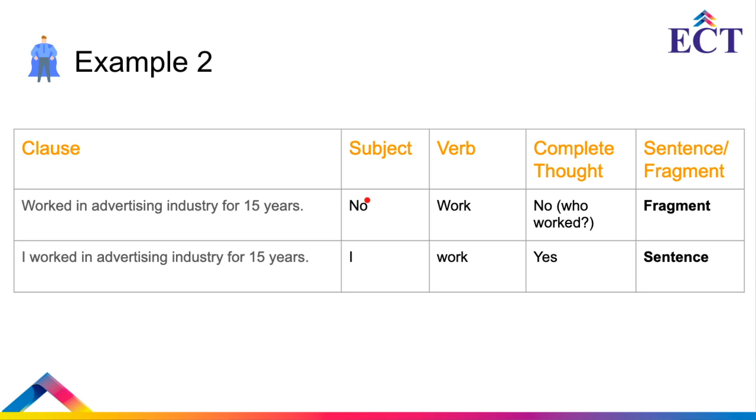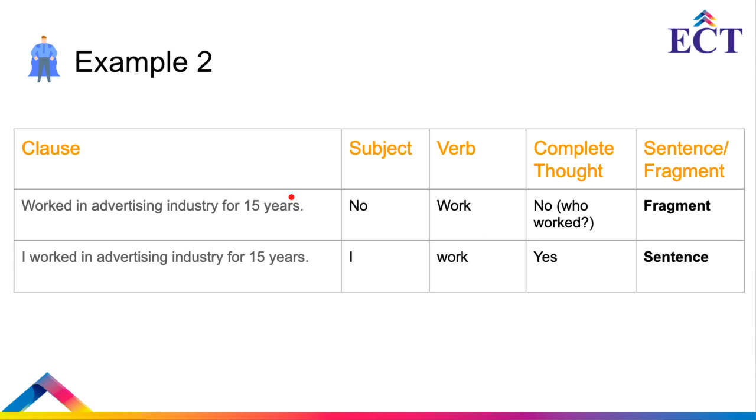No. Verb? Yes, worked, so work becomes the verb. Complete thought? No, because you do not know who worked, right? Until it is specifically mentioned who worked, this does not imply a complete thought, and therefore this is a fragment, right? This is not a sentence.